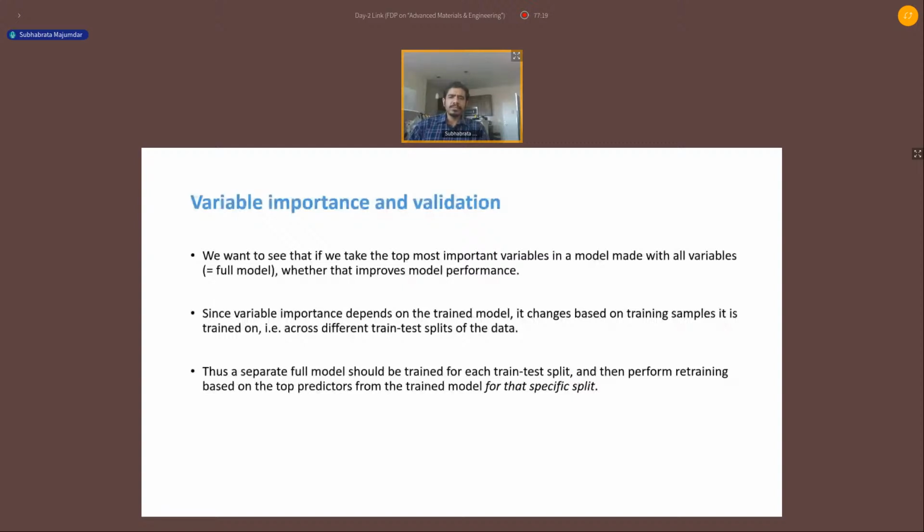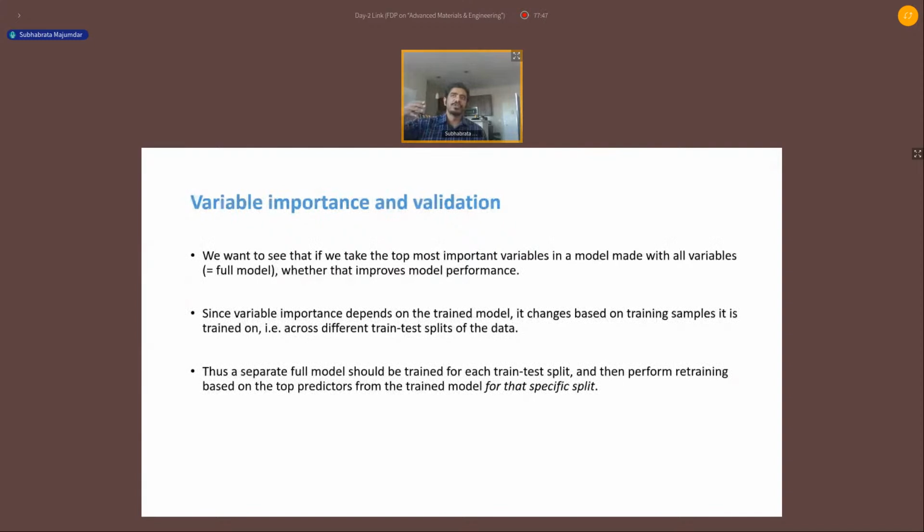Also, one small thing is that the variable importance depends on the training model. Since you are training on one part and testing on another part to evaluate the model, you should use a separate full model for each train-test split to get the evaluation metrics, because the train-test splits are random.